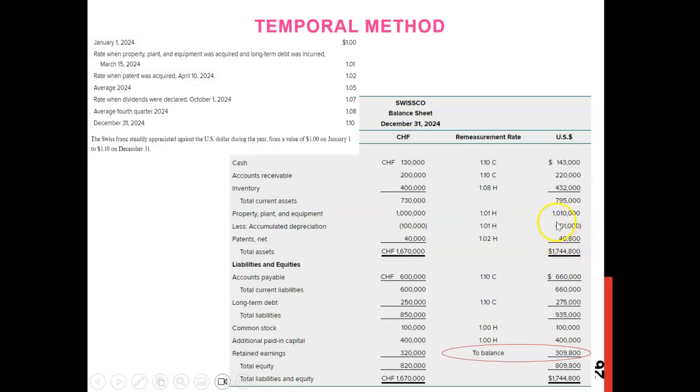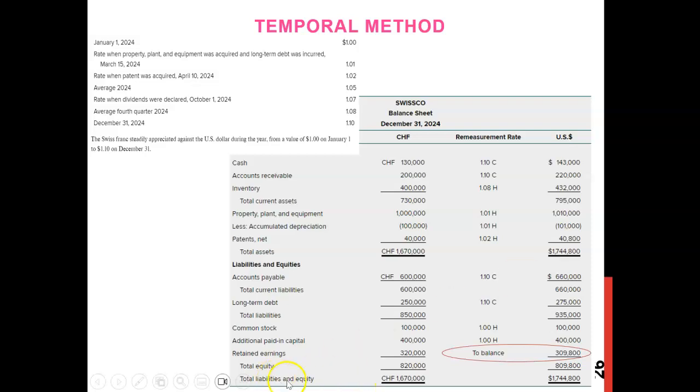After converting the assets part, you will see the US dollar assets is 1,744,800. But now if you do the liabilities and stockholders' equity, here accounts payable, long-term debt, common stock, additional paid-in capital, up to that, it will not be equal to 1.7448 million.